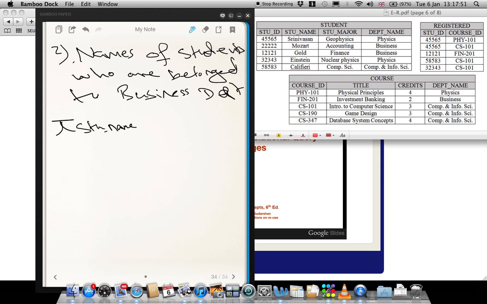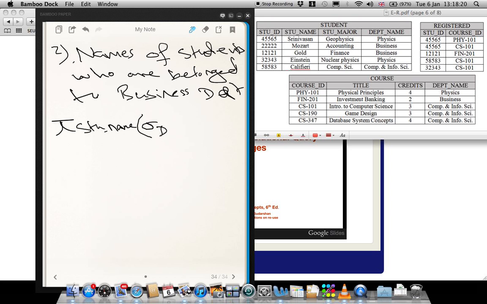Then we need to compare the tuples. We listed all the names, now we need to compare each name against the department. So we start looking at the rows, and when we look at the rows, we do selection, so we use sigma.